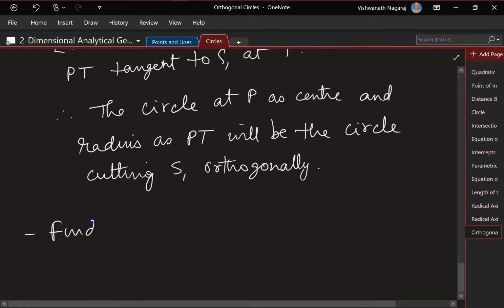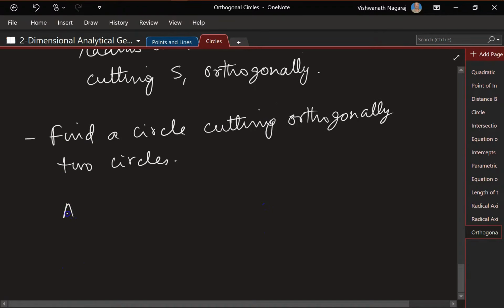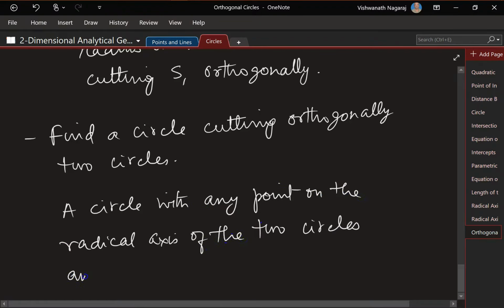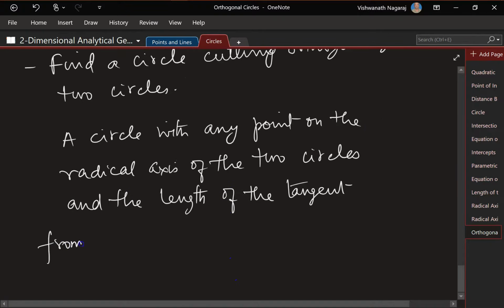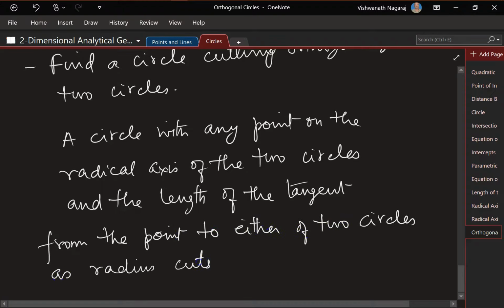What about two circles? Find a circle cutting orthogonally two circles. A circle with any point on the radical axis of the two circles as center, and the length of the tangent from the point to either of the two circles as radius, cuts both circles orthogonally.